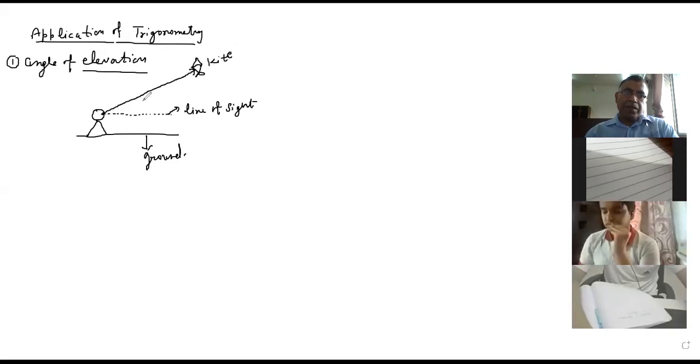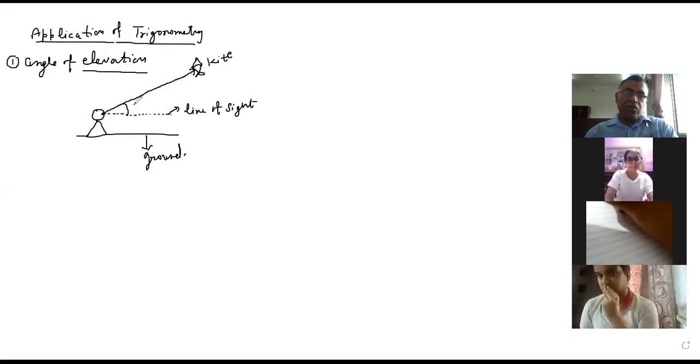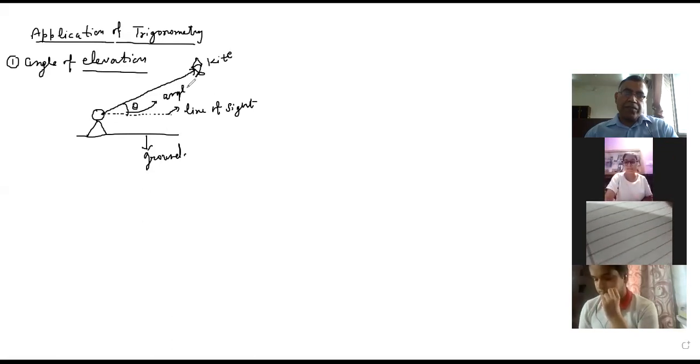When this person wants to see the kite, it makes a certain angle with the line of sight. This angle is called theta. So when this person wants to see an object which is above the line of sight, this is called angle of elevation. So this theta is called angle of elevation.